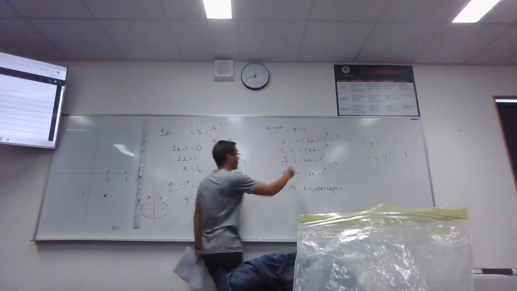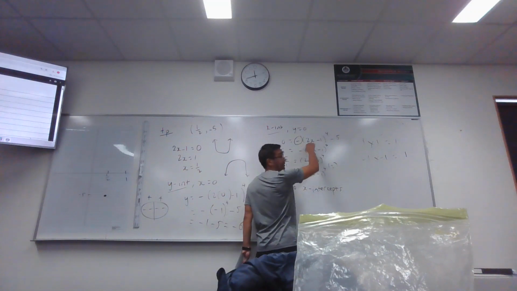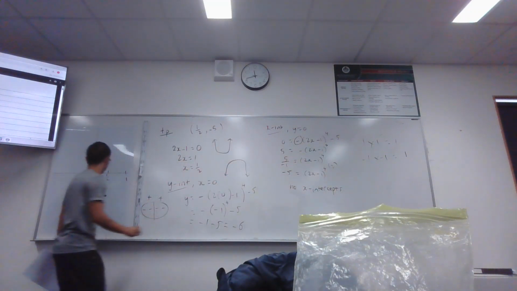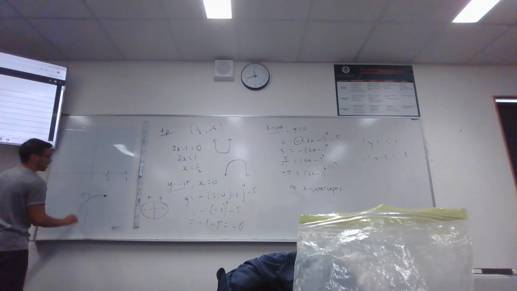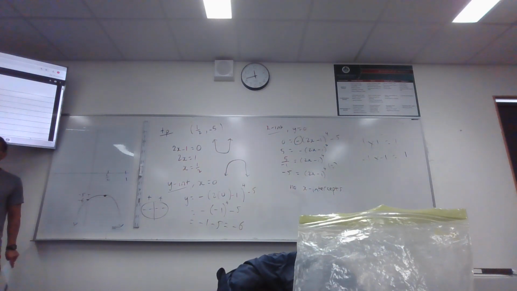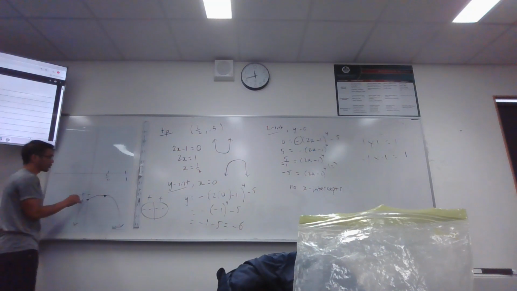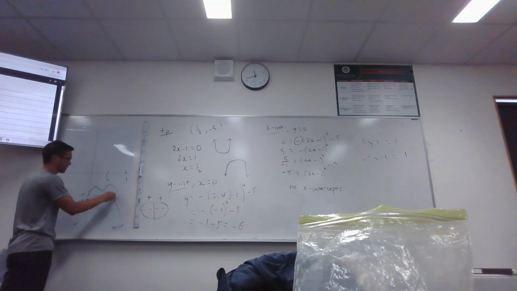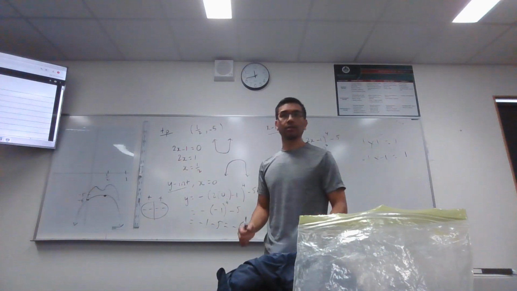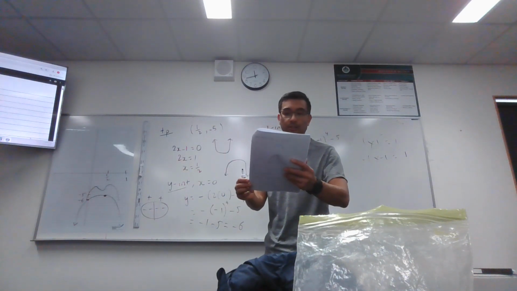We have an overall negative in front of the x, a negative quartic, so it's going down. So it's going to cut like that, and our y-intercept is that negative 6. We're not really sure exactly even if it does one of these. That's when you find out in semester 2 when you do calculus.